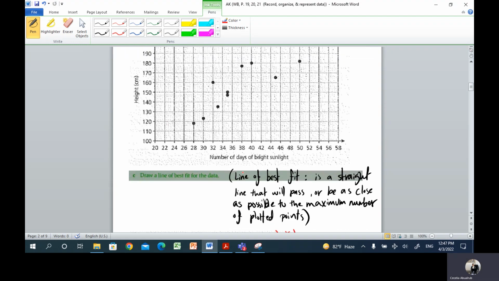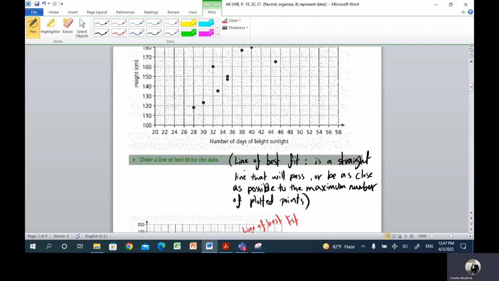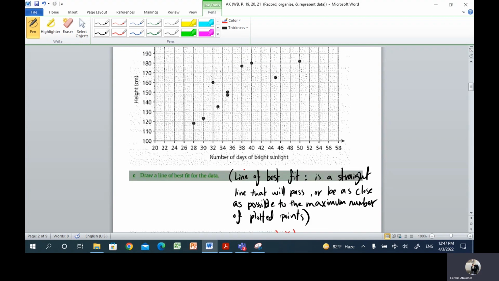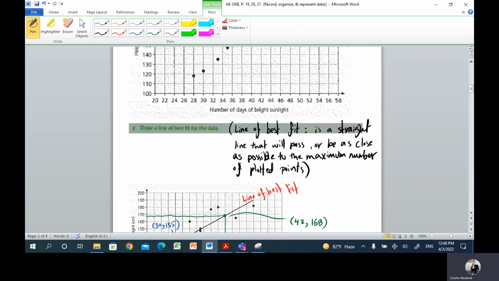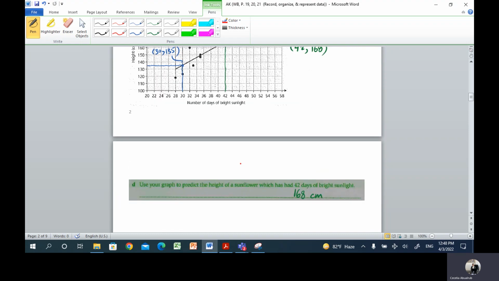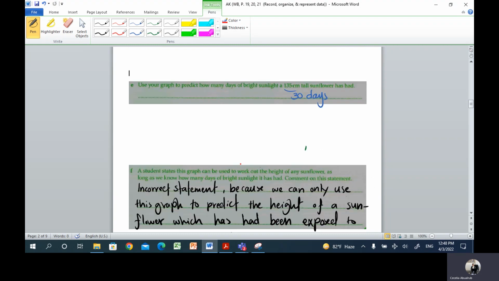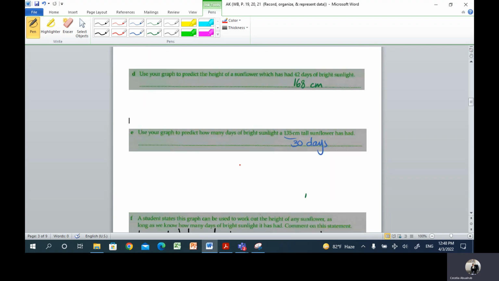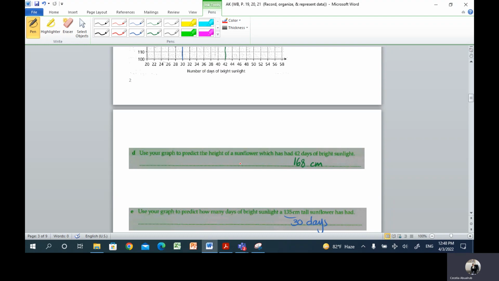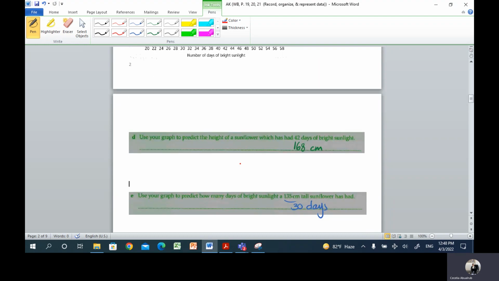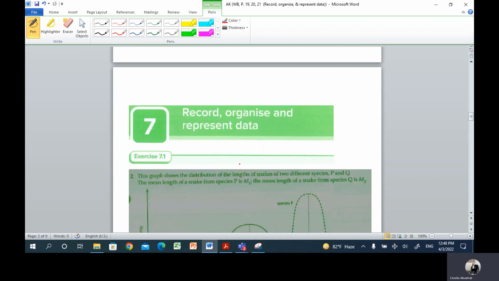And once you're done, you need to draw the line of best fit, which is a line that will pass through the maximum number of plotted points, or as near as possible to the maximum number of plotted points. And from this graph, we can answer many questions related to the two variables that you represented on the x and y axis.